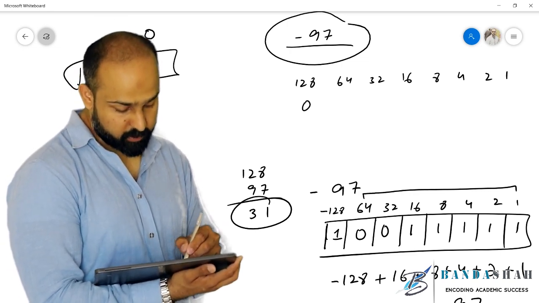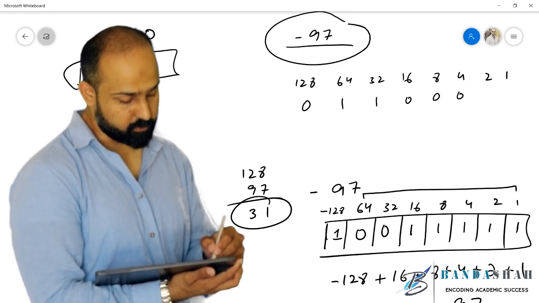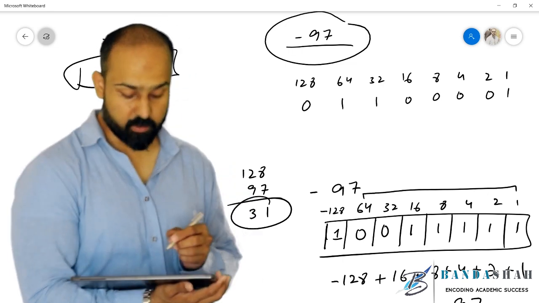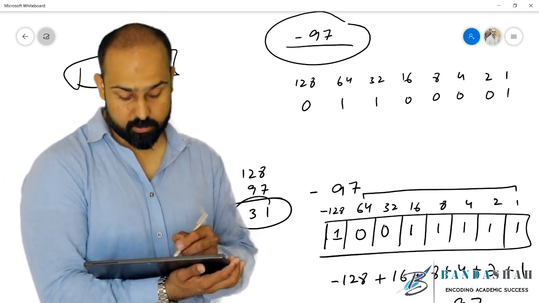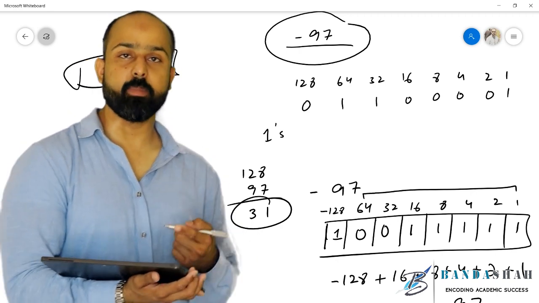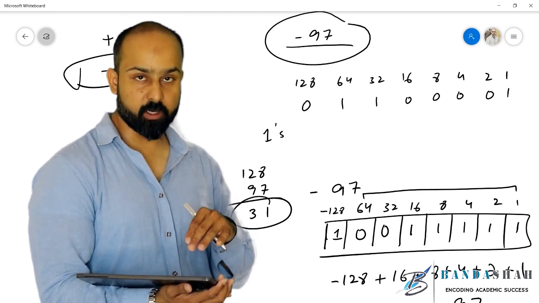So 0 goes there. 64 and 32, 96, 0, 0, 0, 0, 97. So this is our positive 97. The 1's complement means flipping all the bits. This is the second method, the important one.